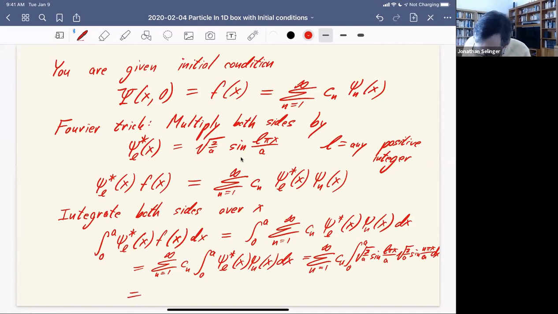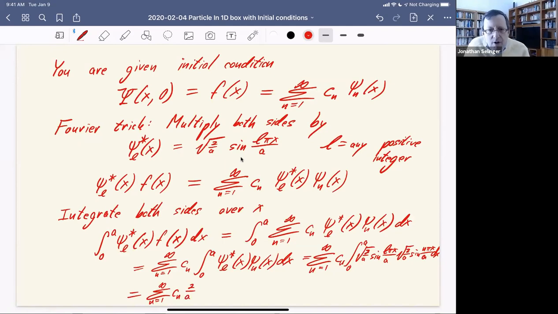Now we have a sum from n equals 1 to infinity of Cn. I have two factors of the square root of 2 over a, so that's just 2 over a. Now we have an integral of this product of sines. This is the same thing we talked about in the last class.